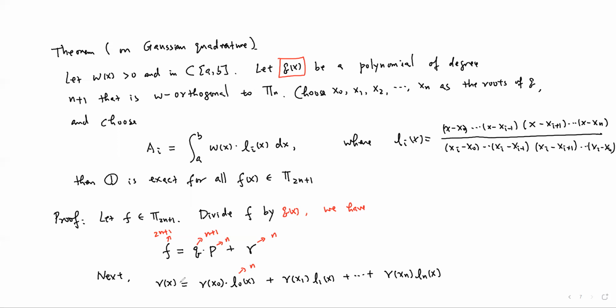Why do we have this equation? By the uniqueness of the interpolation polynomial.